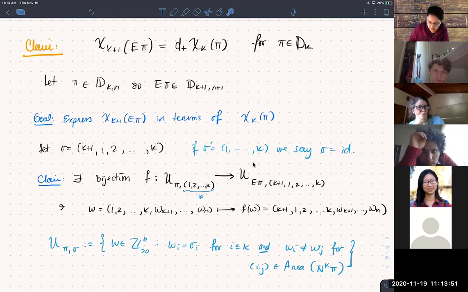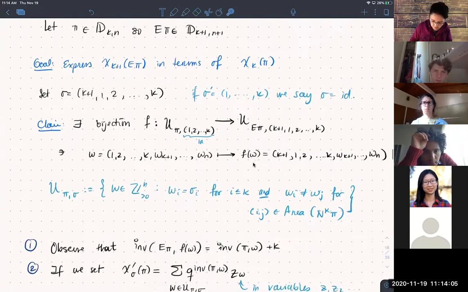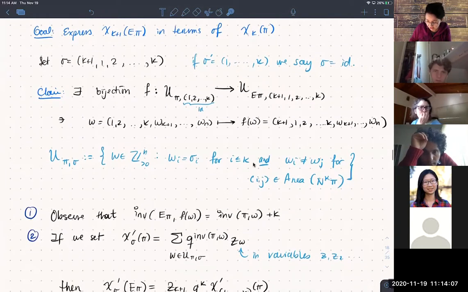And what you're doing is at the level of words, we're sending this word to this word, right? So we're basically just inserting a k plus 1 right in front. And aside from that, it's the exact same thing. Okay, so that's a bijection. I'm not going to prove it for you, but you can go through and check it. And it's basically not very hard to see.